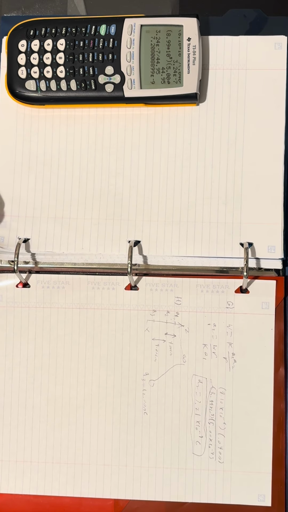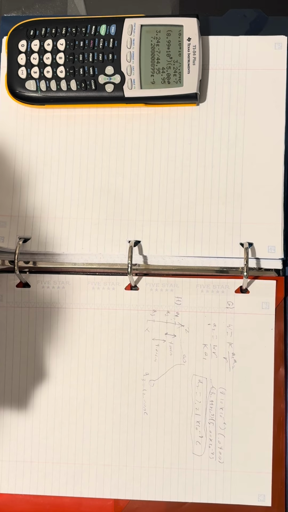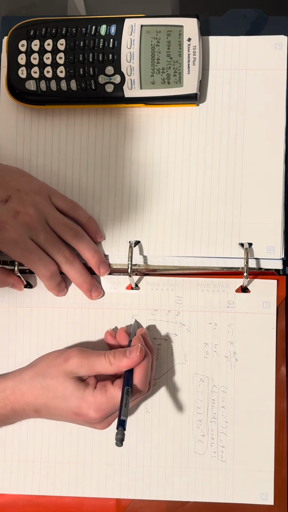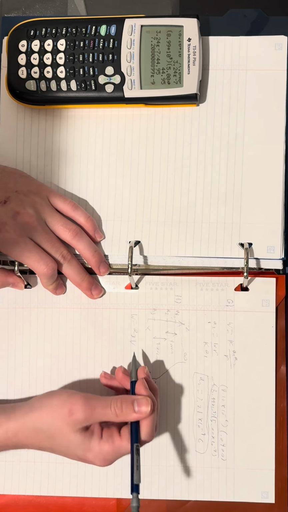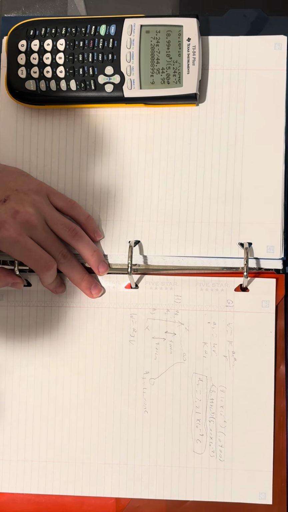Now let me set up our next problem, because we're being asked to find how much additional work. So again, from earlier, we're going to have to do work equals the third charge times the point charge, but we don't have that.